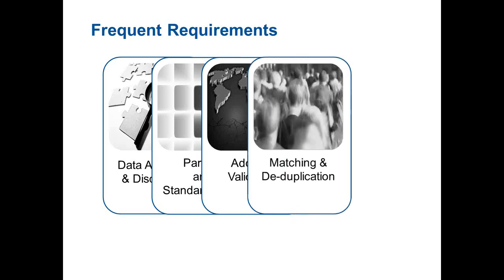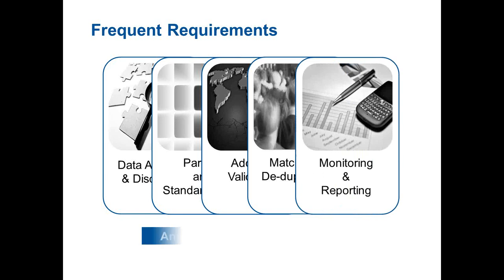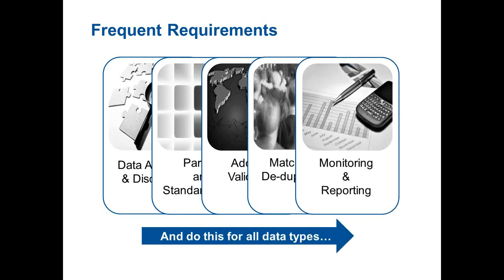The next one is matching and deduplication. I will tell you an example. Let's say one bank acquired another bank. After the acquisition, the CEO wants to know who the common customers of these two banks are, to give some promotional offers. Why? Because they have accounts in both banks, so you want to encourage those customers to get more business.